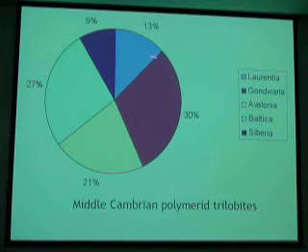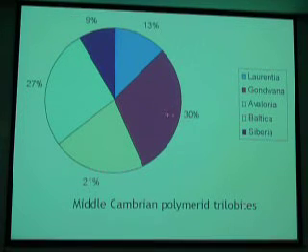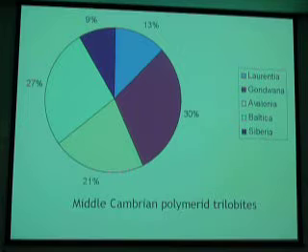Here we are. I've just broken the trilobite faunas from Avalonia into their components, and it's a mixture apparently of some Laurentian, some Gondwanan, and even some Baltic taxa. So this would imply that it was somewhere in the middle of the ocean again.